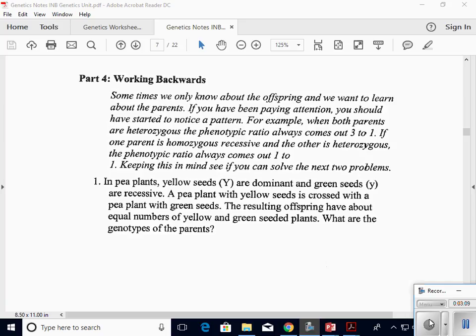Who can help Dylan out? Sydney, what's 16 say about phenotypic? The physical appearance of a trait. So the phenotypic ratio is the physical appearance.